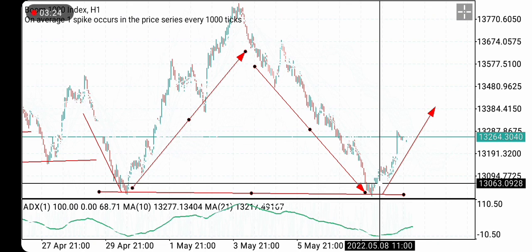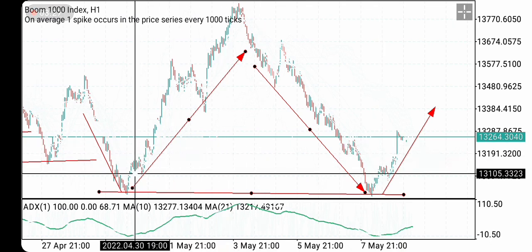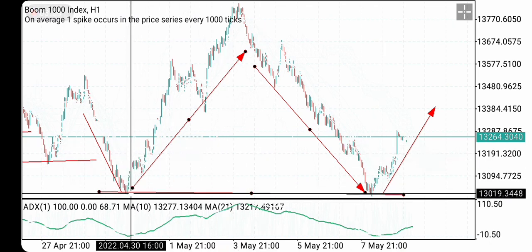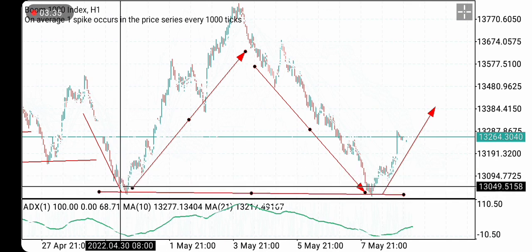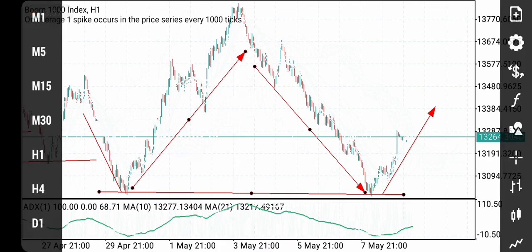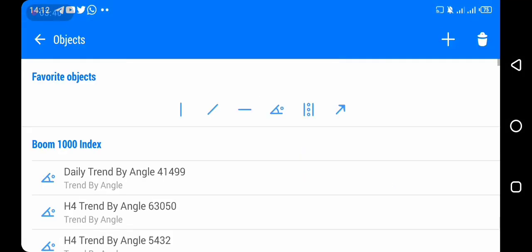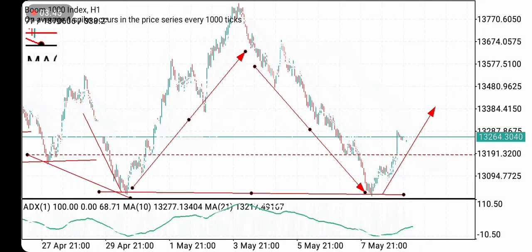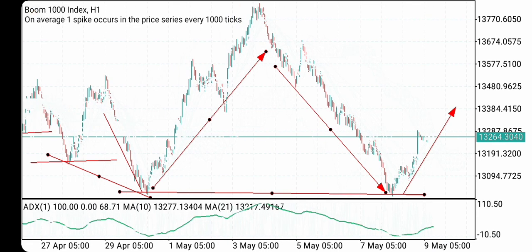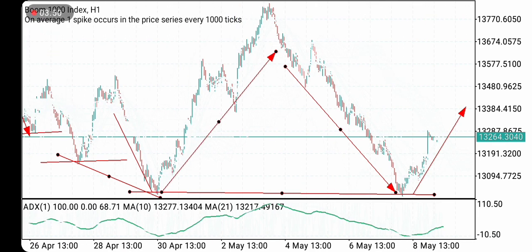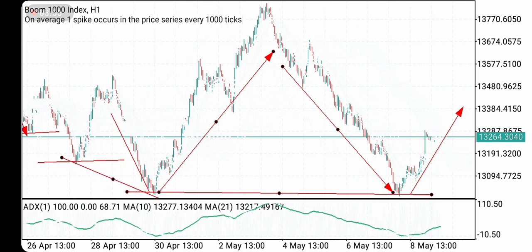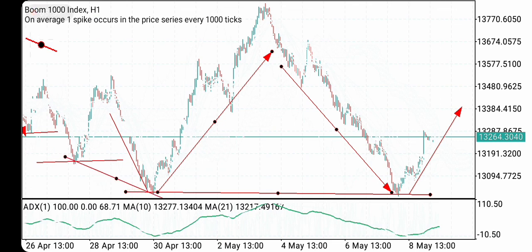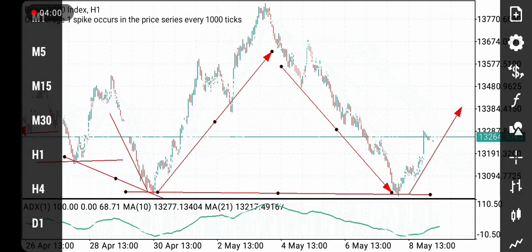So when the support is giving you an entry, look at this place too. When you see that your support is here, or let's say you want to make a slant support like here, like this. When you see that the market reaches this slant support, you can also opt in your buy.